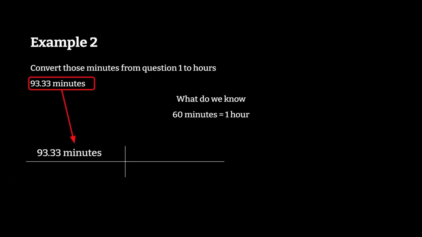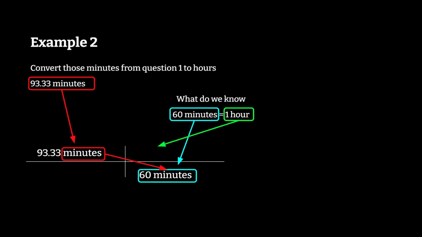In this case, it is the 93.33 minutes. Now we have minutes in the top left, which means that we need minutes in the bottom right. So the 60 minutes will go down here. Minutes on the top left, minutes on the bottom right. On top will be whatever is equal to those 60 minutes, and 60 minutes is equal to 1 hour.